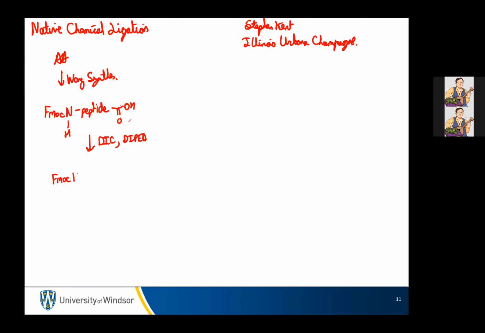Now I need to be careful that my peptide doesn't have any strong nucleophiles present. If they are, they must be protected, and so I must have been careful with how I synthesize this. You'll have the DIC intermediate, which we saw at the beginning of this module.